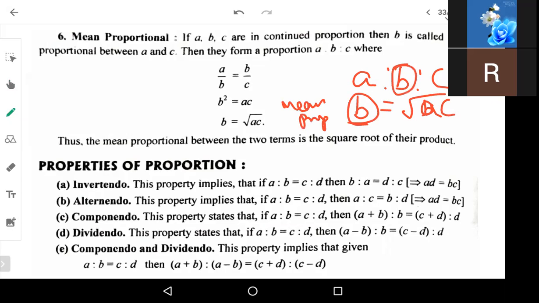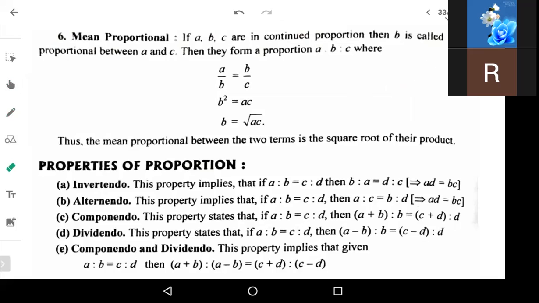I'll repeat it again. Listen carefully. Now, mean proportional is when there is three data, that is A, B and C. These are in continuous proportion. Now, how do you write this data? A is to B is equal to B is to C. This is the proportion.